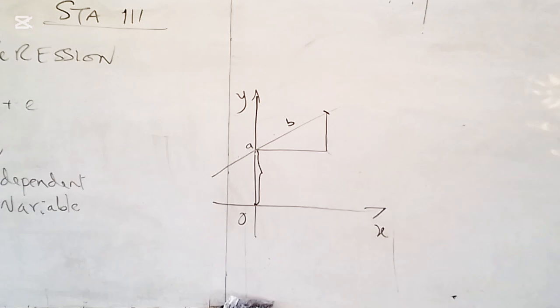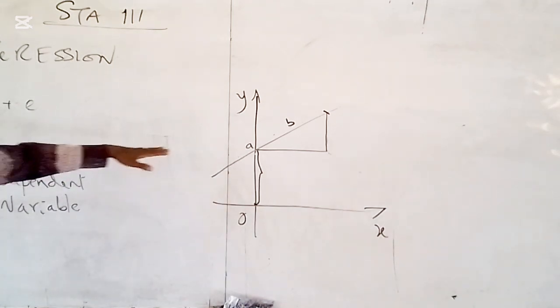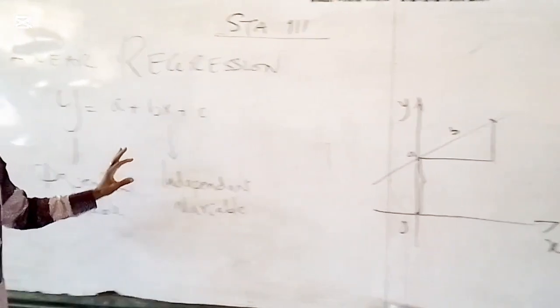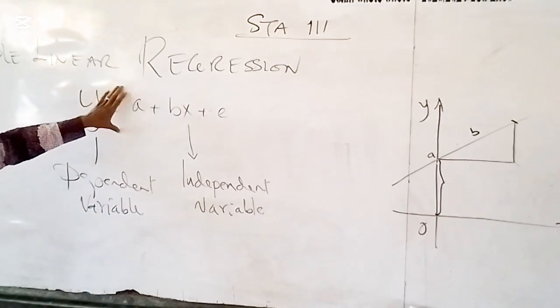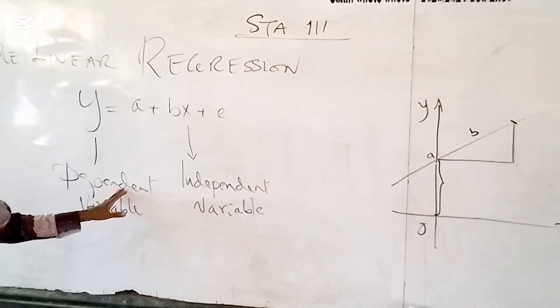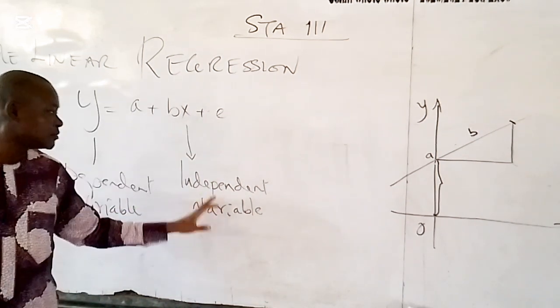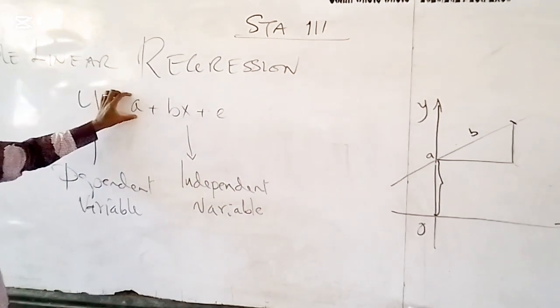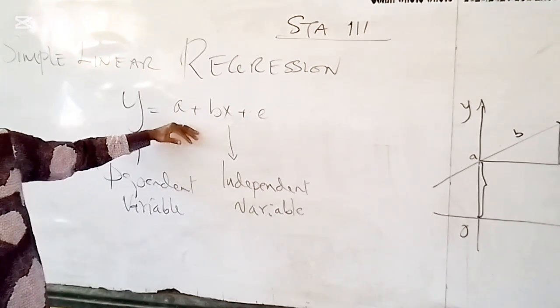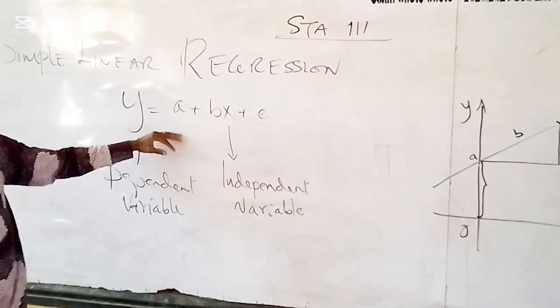We estimate the parameters A and B to be able to fit the linear regression model. Remember we said that in this linear regression model, Y is called what? The dependent variable, and X is what? A and B, in fact, are called the parameters of the simple linear regression model.